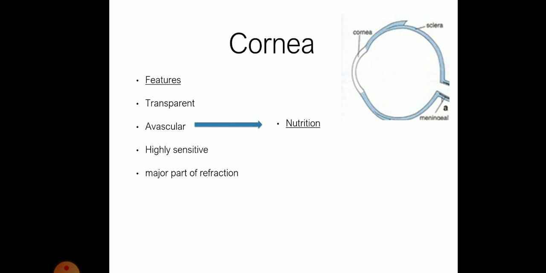At the periphery of the cornea, there are the conjunctiva and some episcleral and conjunctival vessels that loop back, and it gets nutrition by diffusion from the peripheral vessels. Second, what lies behind the cornea in the anterior chamber?